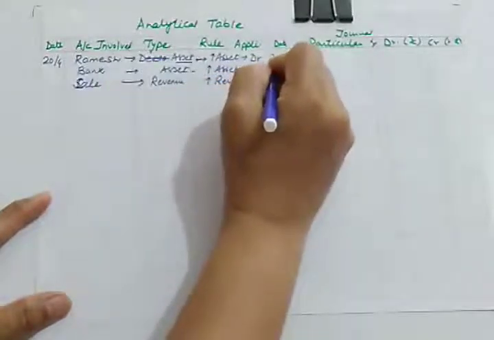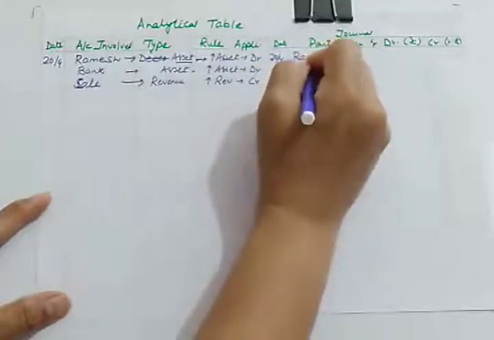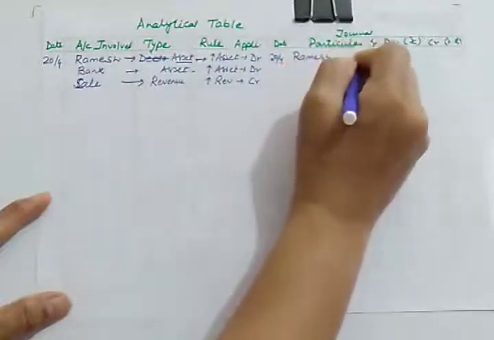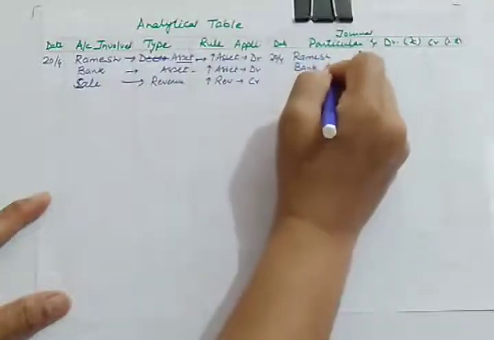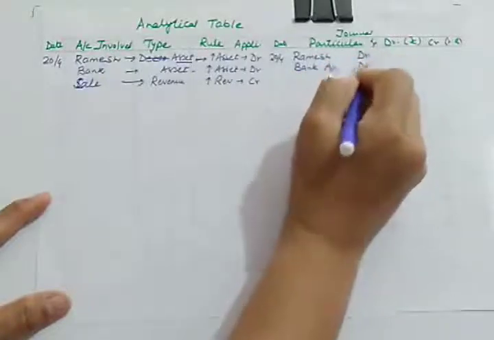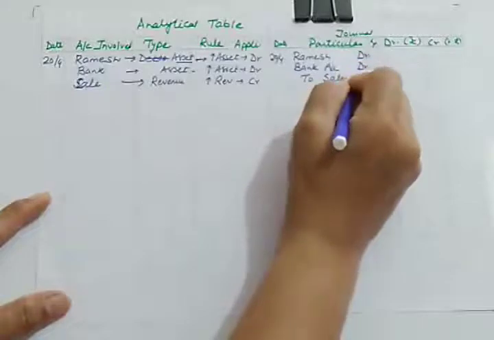So let us frame the journal entry. Journal entry will be Ramesh debit. Don't write account in front of this, and you are receiving a check with the assumption that check has been deposited on the same day into the bank.